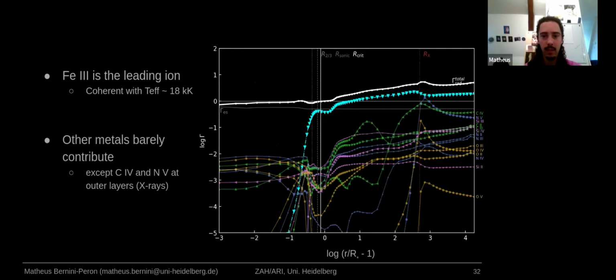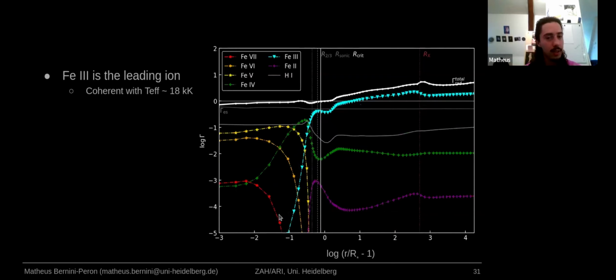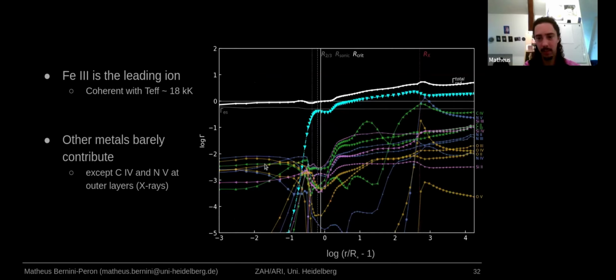And when we compare with other elements as well, here are just different ionization levels of iron, and here I'm plotting a lot of different metals. So don't try to follow all the lines. They are not really important individually, but this is just to show that iron 3 dominates much more than the other metals combined.